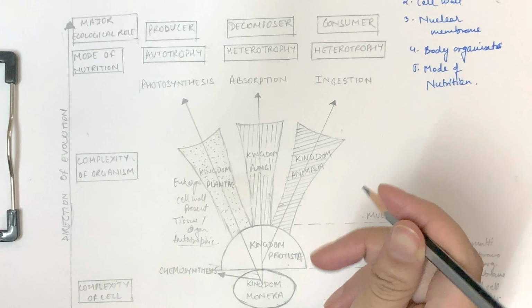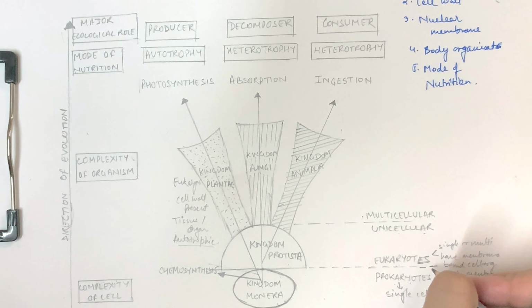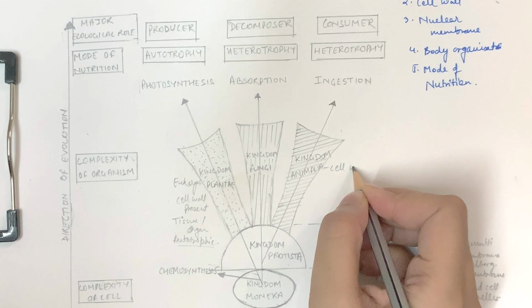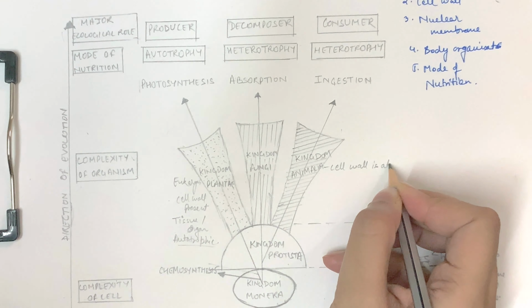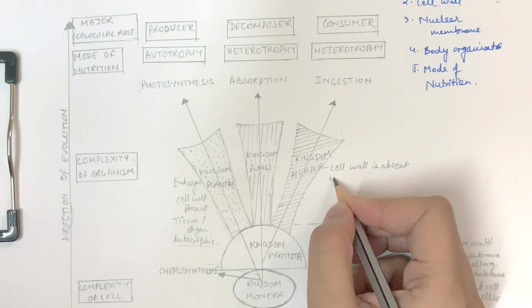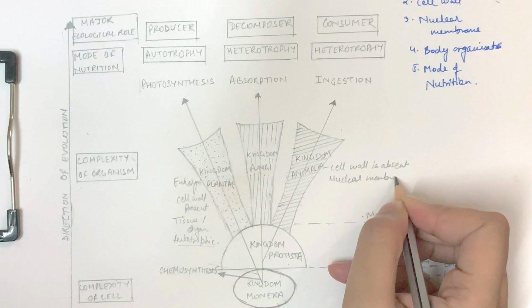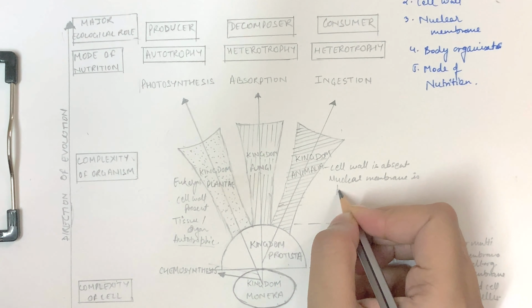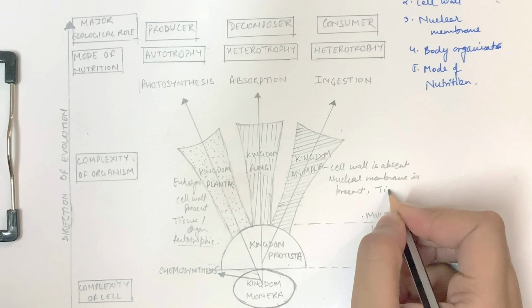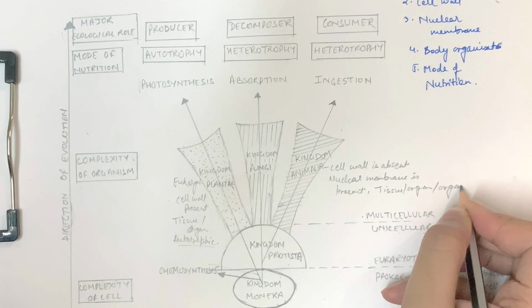Yes, okay. Now third is Animalia. Now Animalia, it's again eukaryotic, okay, but cell wall is absent. So the cell doesn't have a cell wall. Nuclear membrane is present. Then it's either tissue, organ, or organ system.